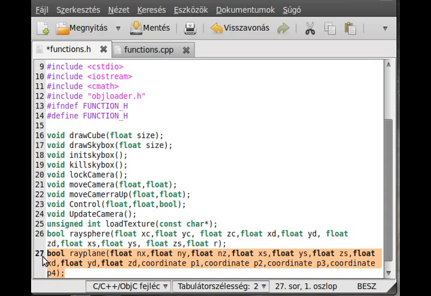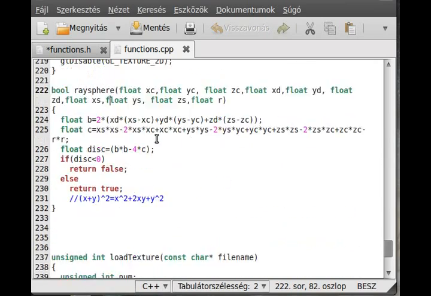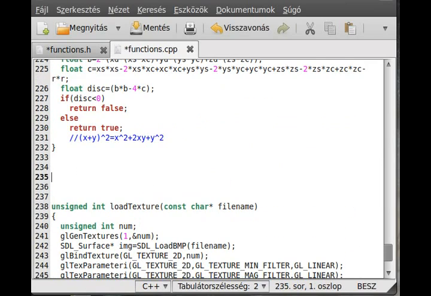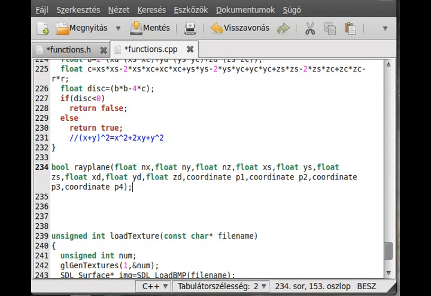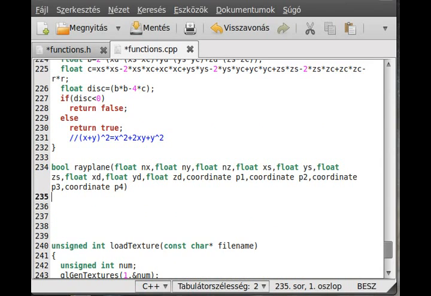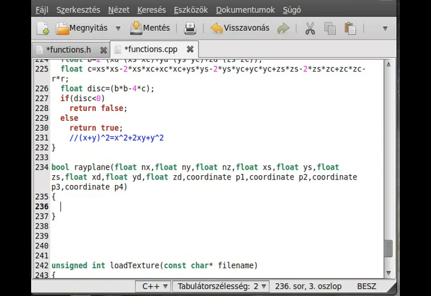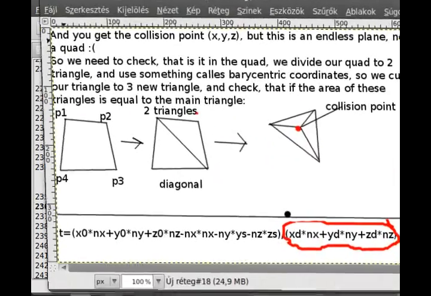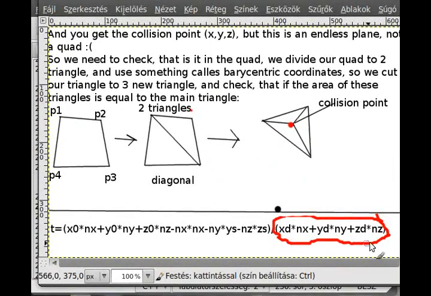Now I just copy this to save time, and paste it under this other ray tracing algorithm. First of all, as you can see in here, we need to calculate this: xd times nx, yd times ny, and zd times nz, which is basically the dot product of the direction vector and the normal vector.